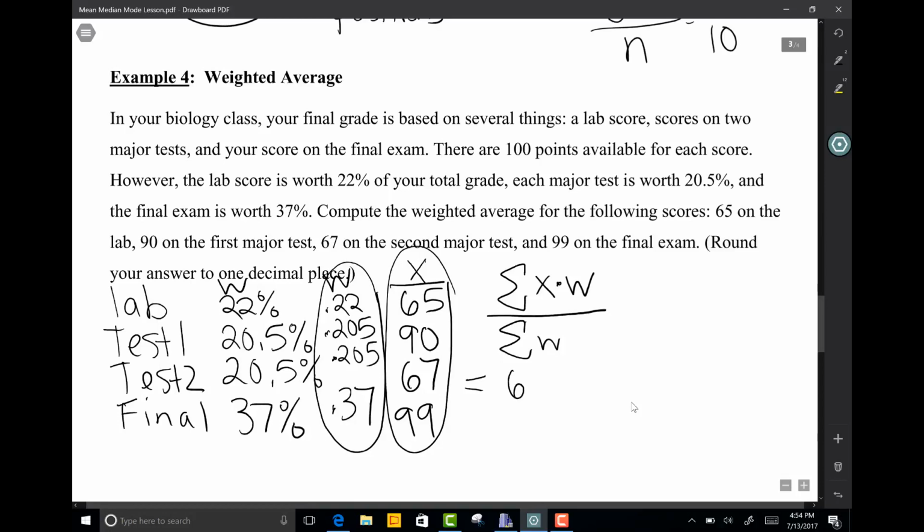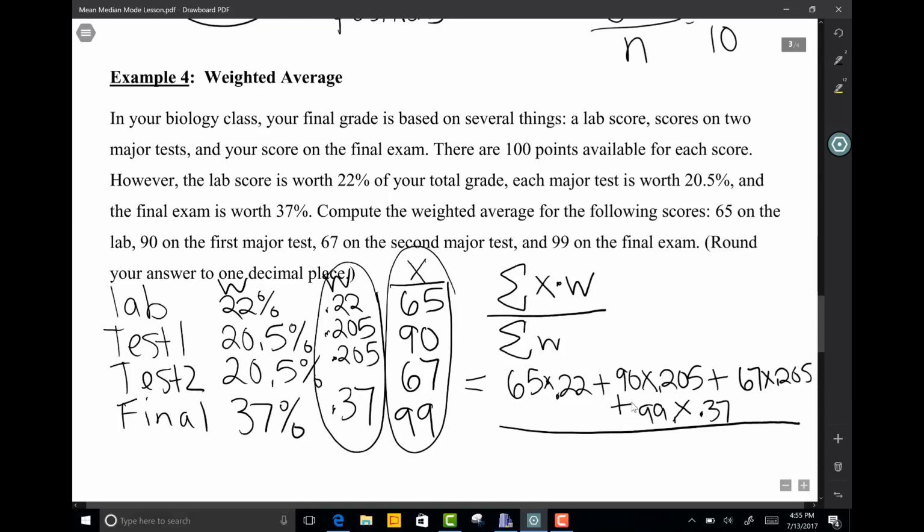So I take 65 times 0.22 plus 90 times 0.205 plus 67 times 0.205 plus 99 times 0.37. I'm going to add all that up, and then divide by the sum of all the weights. So that's 0.22 plus 0.205 plus 0.205 plus 0.37.